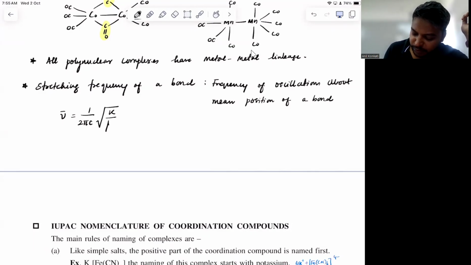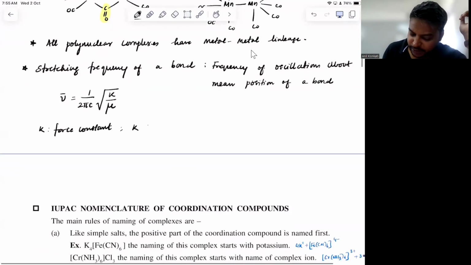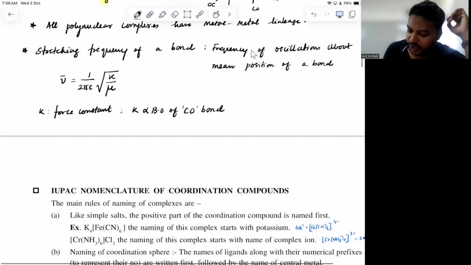K by mu. K represents a force constant, which is same as a spring constant here. And this K value is directly related to bond order of carbon monoxide bond. Higher the bond order, higher the K value, higher the stretching frequency. Clear?